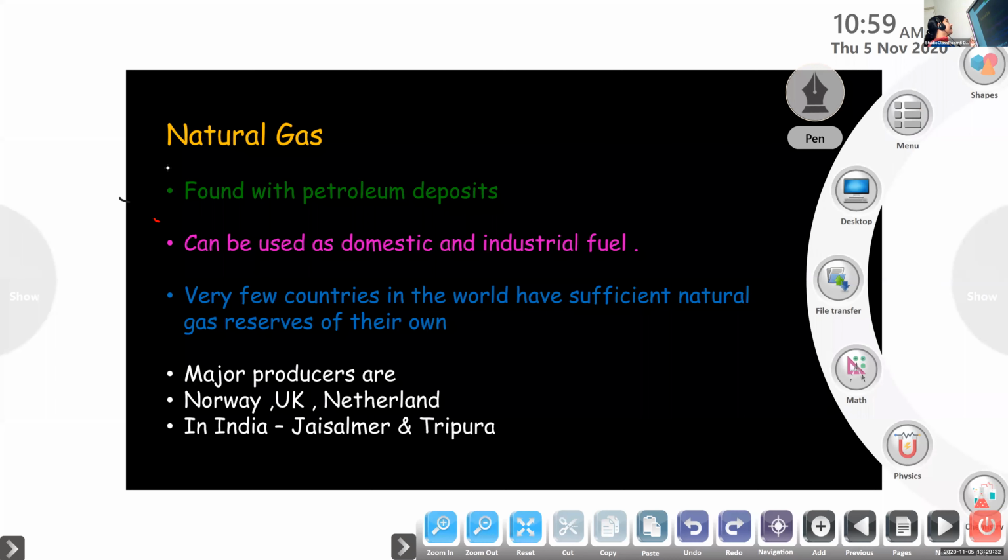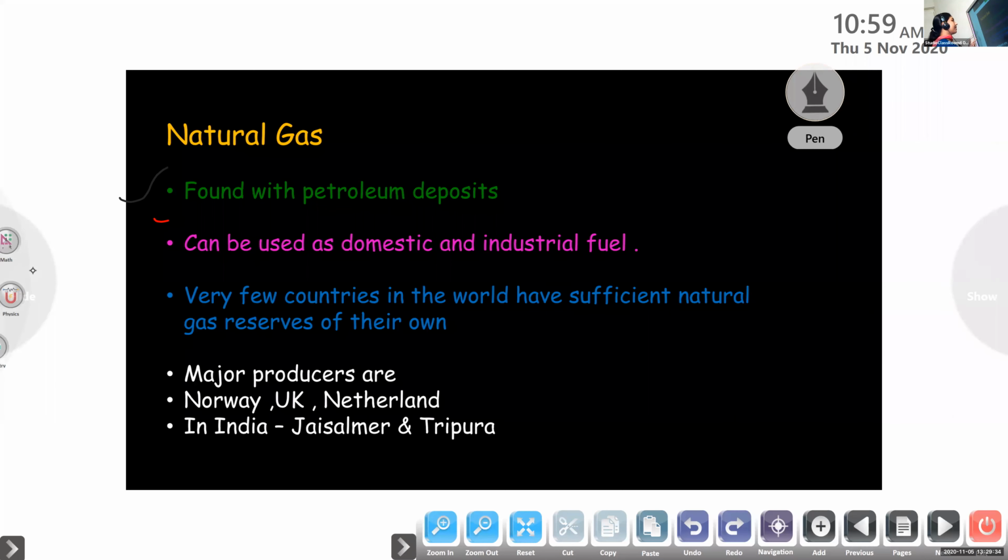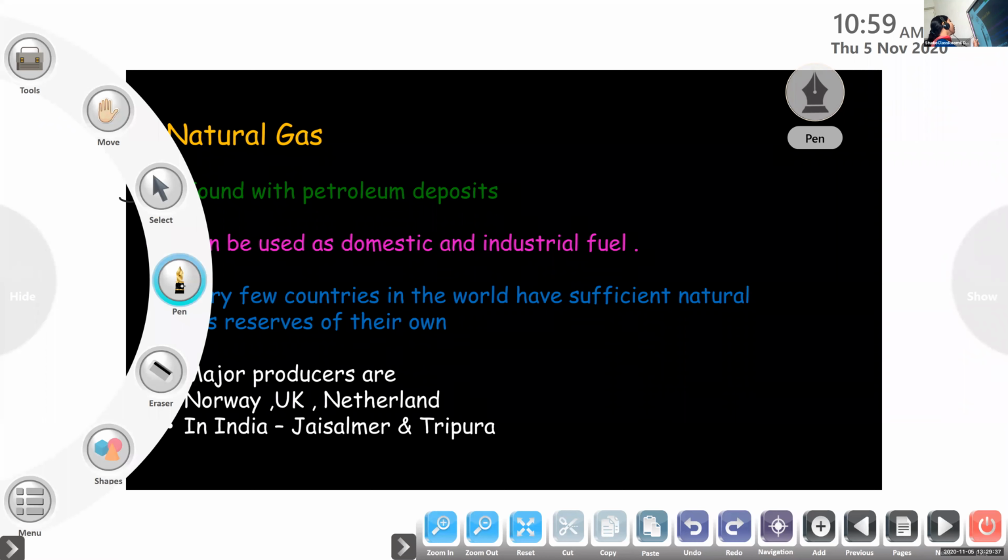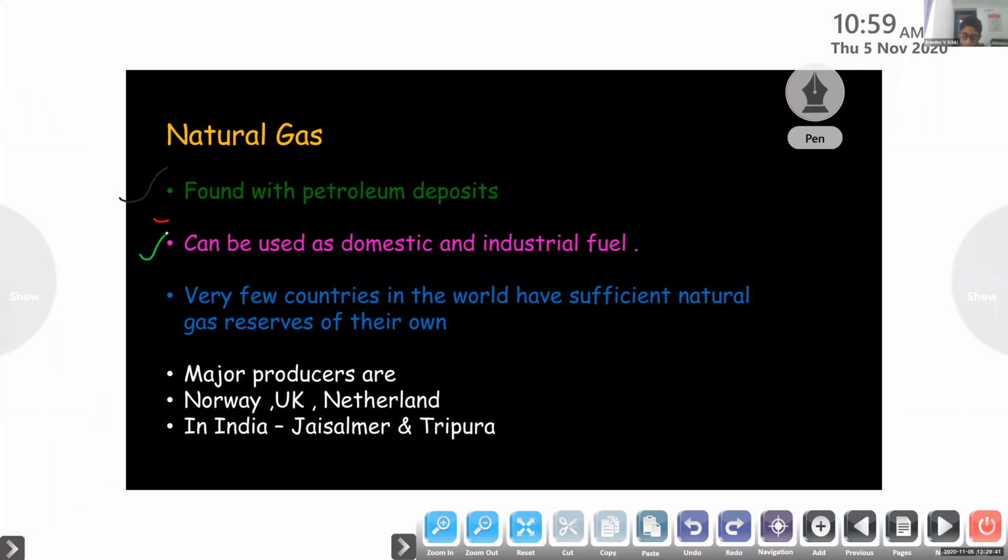Natural gas is used as domestic and industrial fuel. Very few countries in the world are producers of natural gas, mostly European countries.